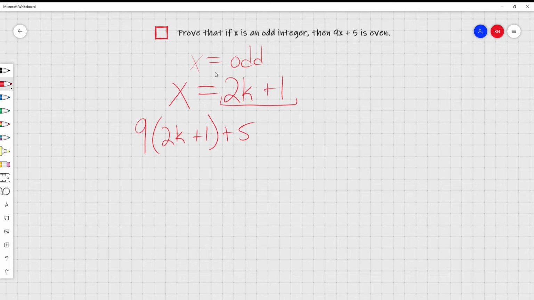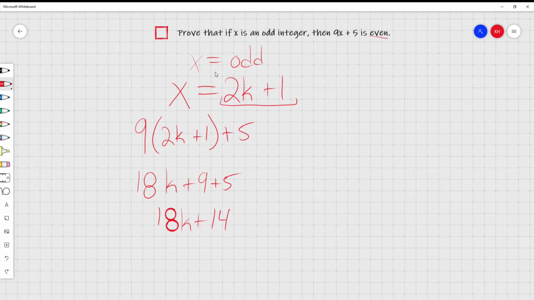Just multiply that out real quick, and we'll get 18k plus 9 plus 5, and then you'll end up with 18k plus 14. And of course you can take out a 2 here, which is what we're hoping to get because we need to prove that it's an even number.